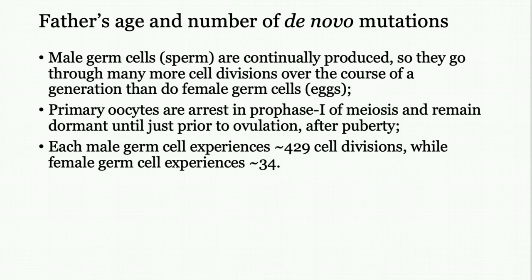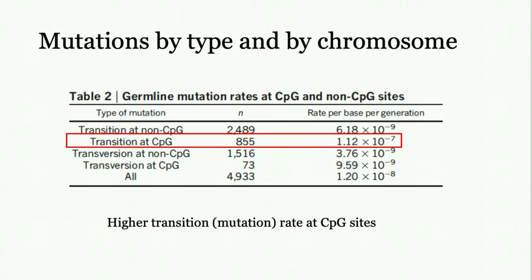And then here we look at mutations by different types. Remember, we talked about CpG islands and non-CpG islands, and CpG sites tend to have an elevated mutation rate. Here, the CpG sites, as you can see from the scale, the order of magnitude is much higher than mutation at other sites.